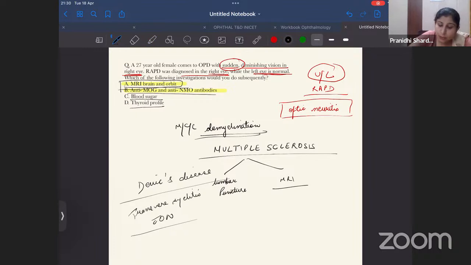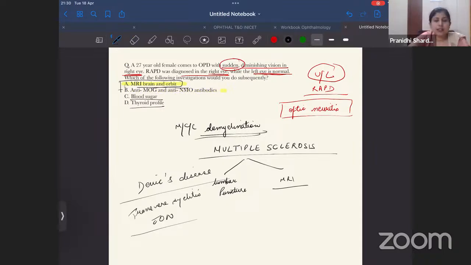We'll choose the MRI only and not anti-MOG, because if we had to choose the B option, they would have given a history of transverse myelitis to the patient. In this question, no systemic history is given, and we have to go by one answer. We will go by MRI and not the B option.